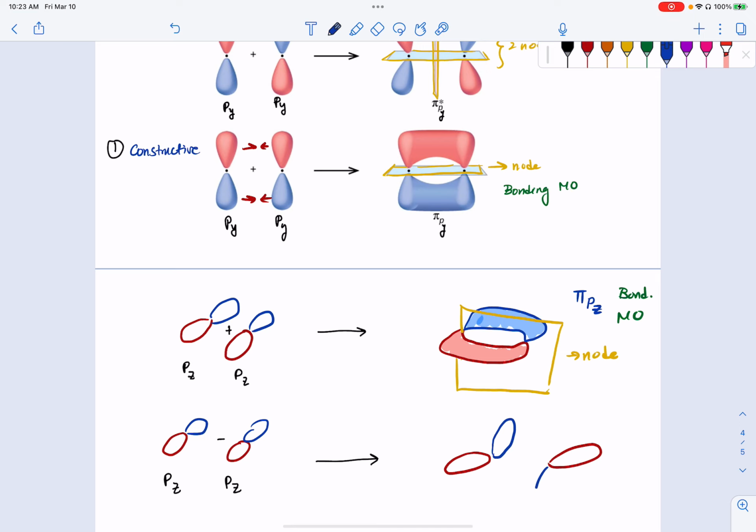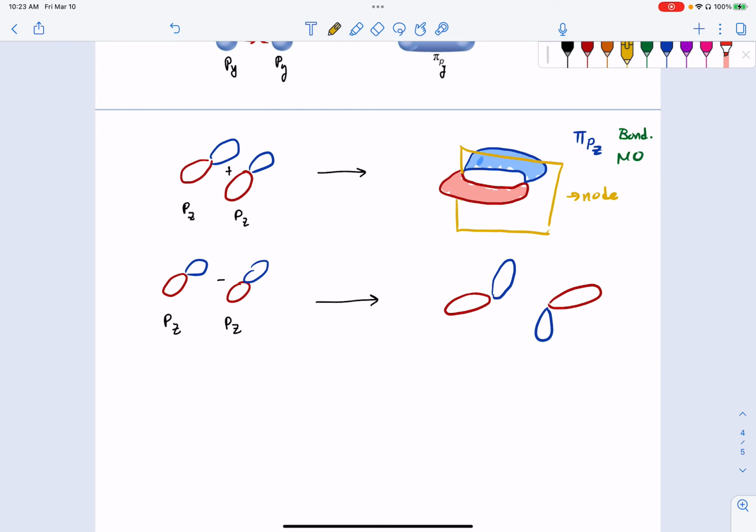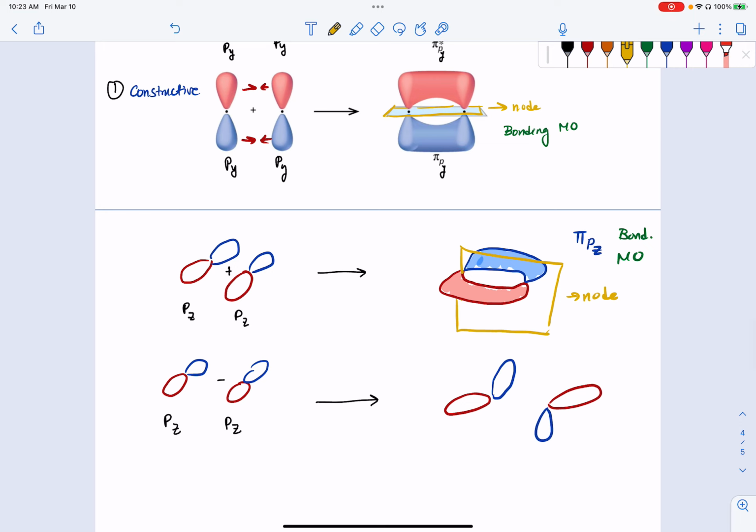So something more akin to this, where we have our planar nodes existing in this plane, which is the one that bisects through these guys.